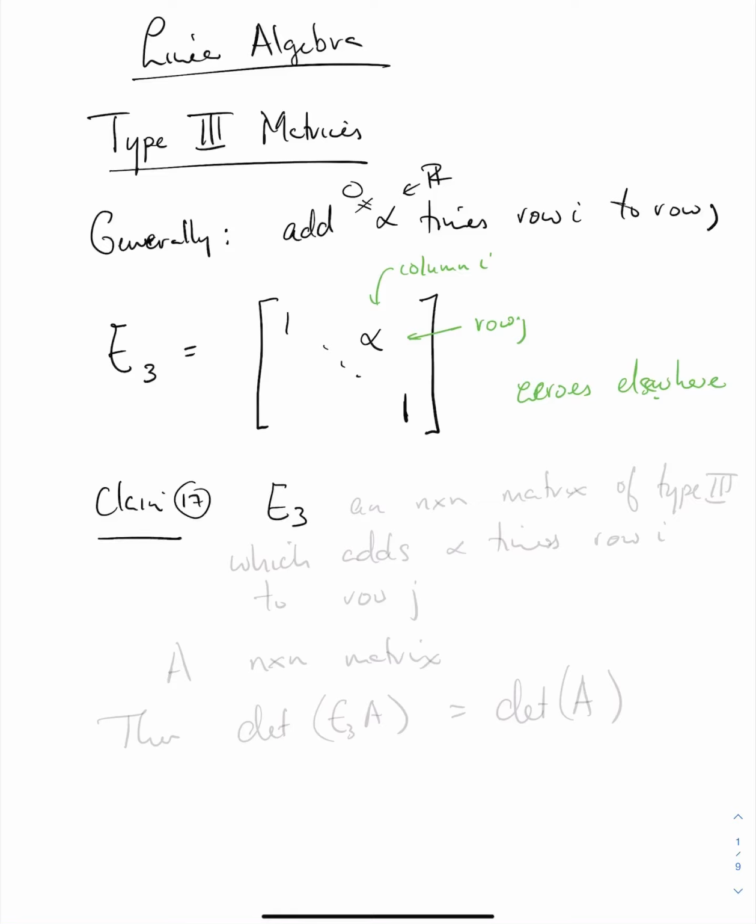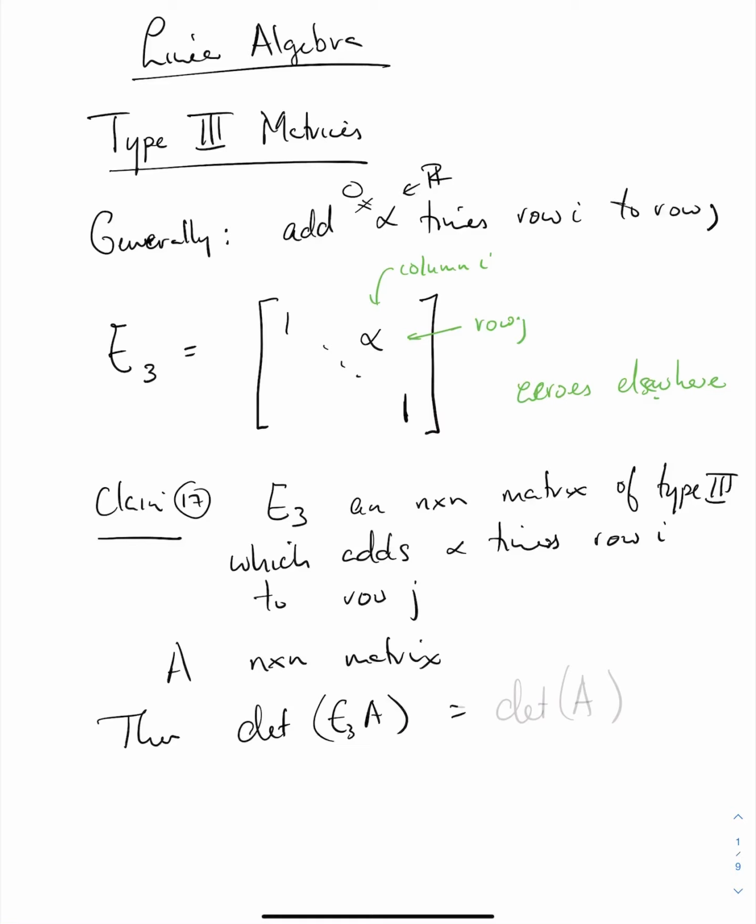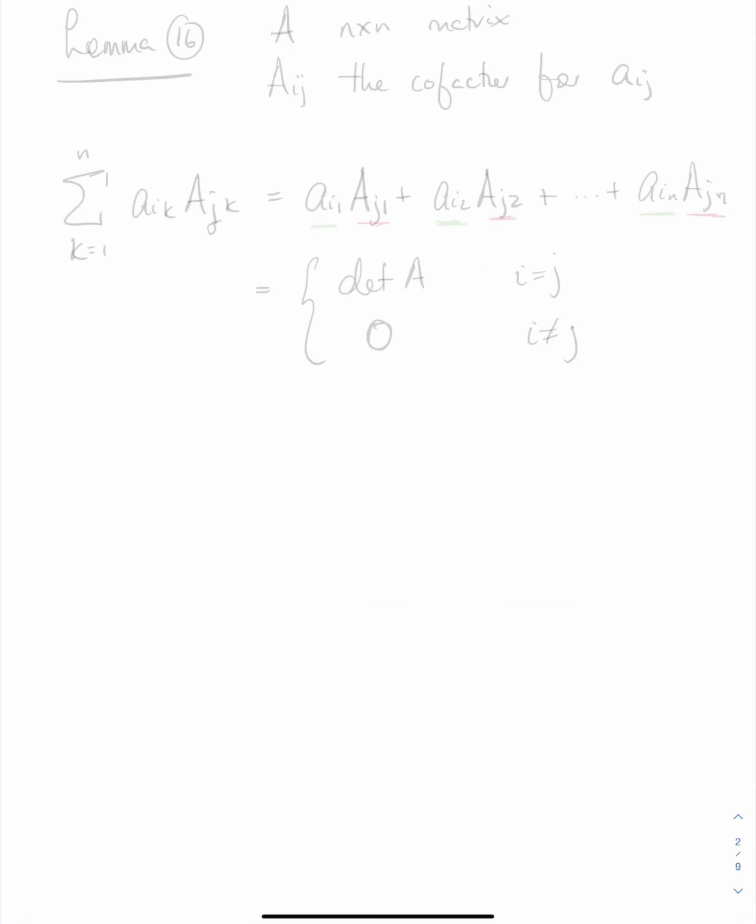If E3 is an n by n matrix, an elementary matrix in particular of type 3, which adds alpha times row i to row j, and A is some other n by n matrix, then the determinant of E3 times A is precisely the determinant of A. We're going to need several steps to prove this.